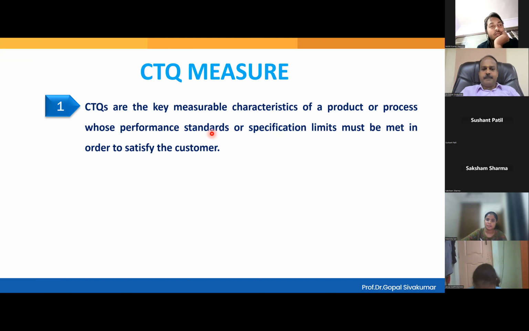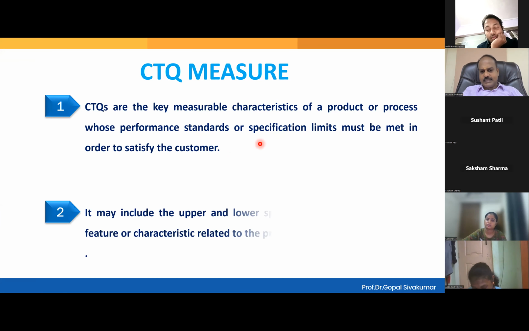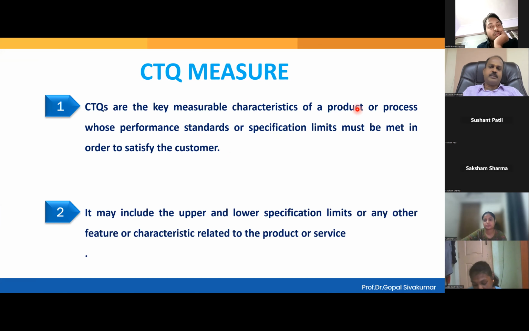If this is not happening, then definitely that will cause pain. That will definitely lead to customers' dissatisfaction. So, for every CTQ, customer has got a clear target, and customer has got an upper limit as well as a lower limit. Customer has got a target, upper limit, and the lower limit, isn't it?